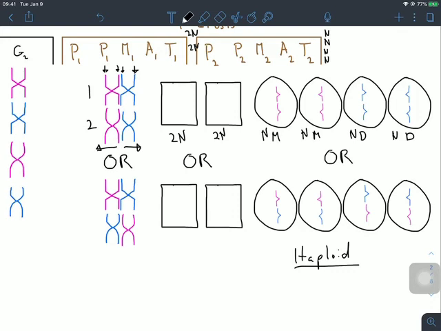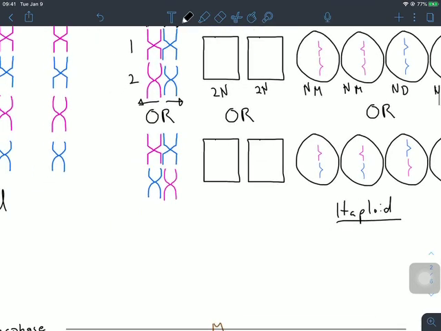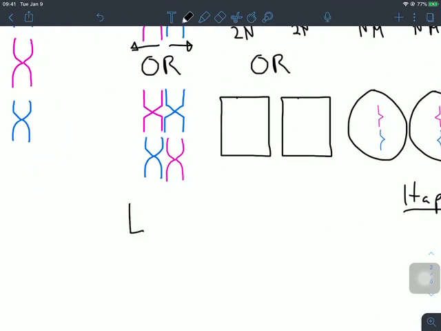This shuffling, where it could be randomly assigned mom on left or dad on left for each chromosome, is known as the law of independent assortment.